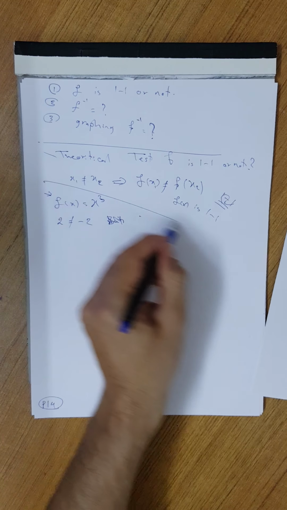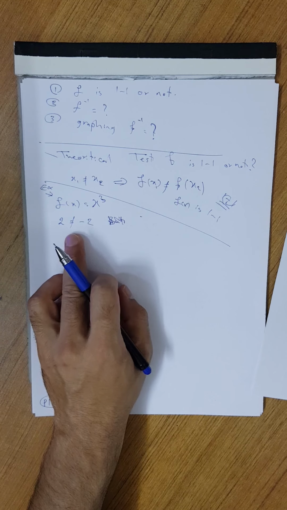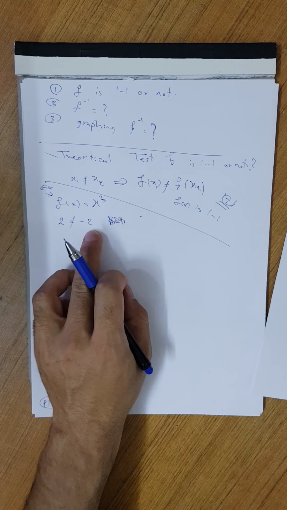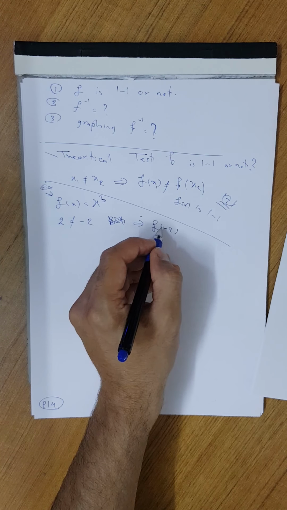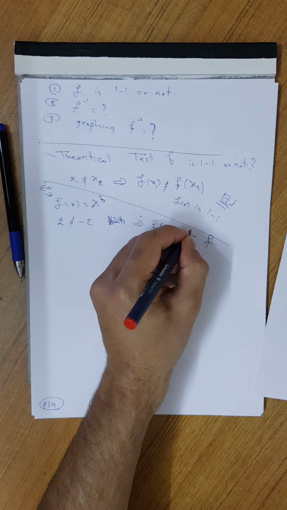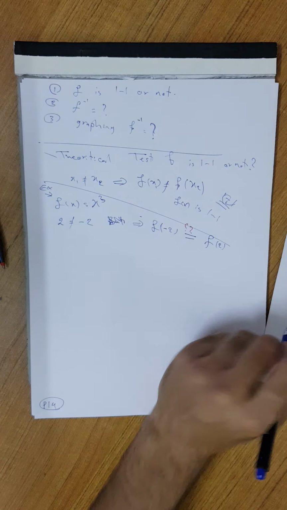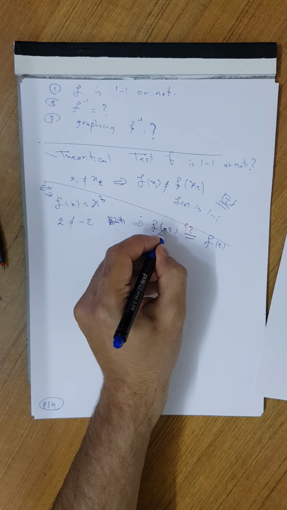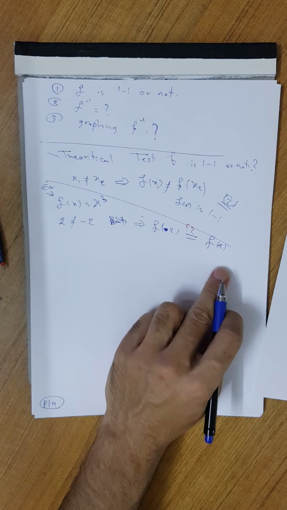For example, f of x is equal to x cubed. Because 2 and minus 2 are not equal, we should test this: is f of 2 equal or not to f of minus 2?